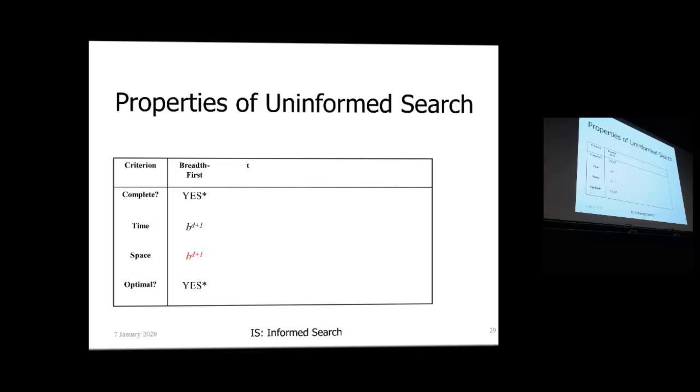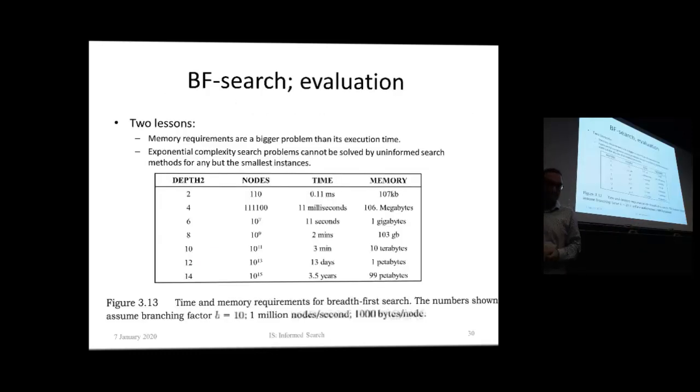So this is, again, an exponential number of nodes that I need to have in memory. So the worst case complexity in terms of space for breadth first search is b to the power of d, or b to the power of d plus 1, depending on where you start the count. It is optimal, again, when you have a finite branching factor.